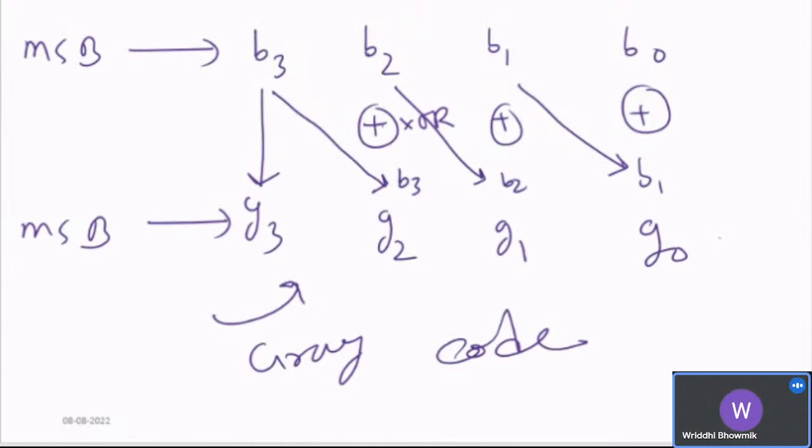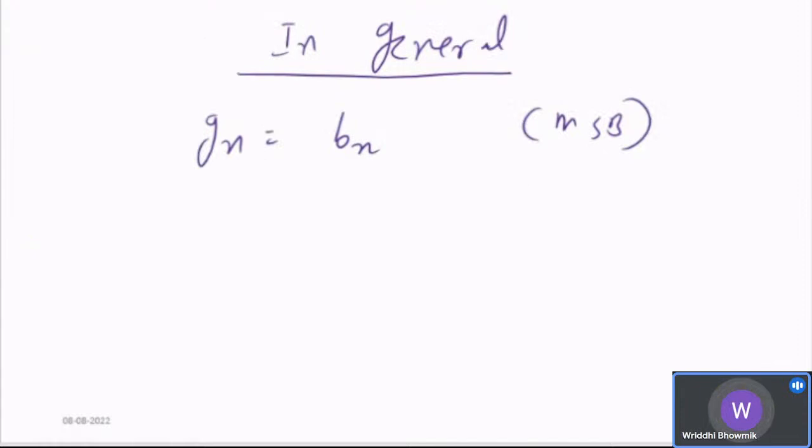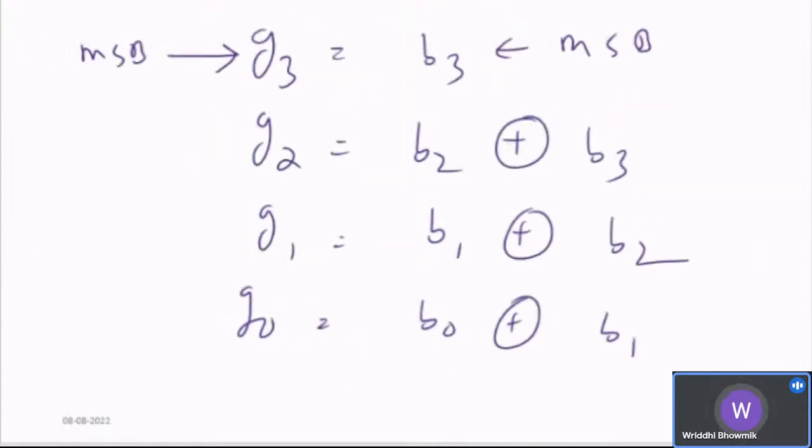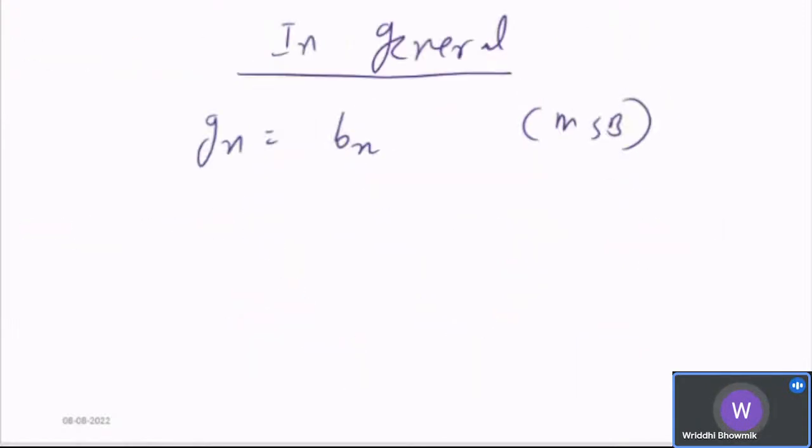Now, if you have 5 bits, 6 bits, 7 bits, then what will you do? That is why I am generalizing this formula. Here I have taken 4 bits in binary, which is why you are getting 4-bit gray code. But it is not necessary that you always have a 4-bit binary number. It may be 5 bit, 6 bit, 7 bit. So in that case, I am going to write the generalized formula.